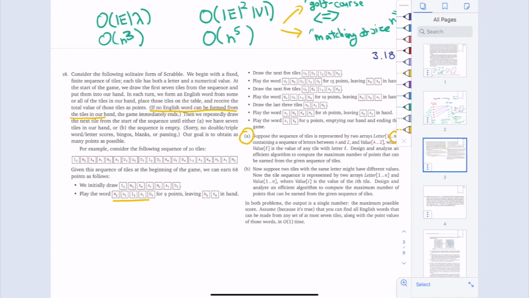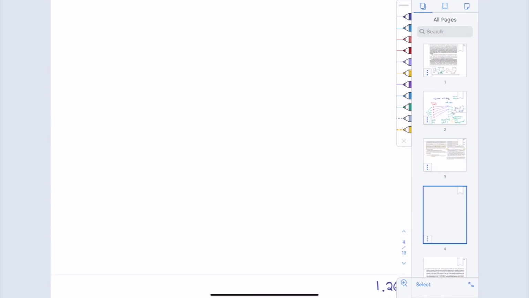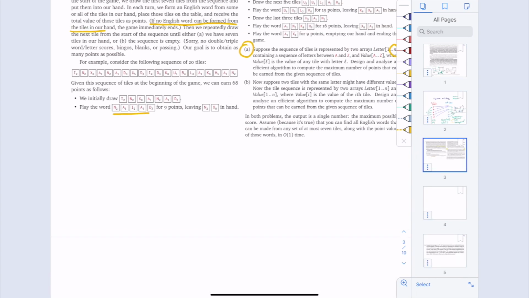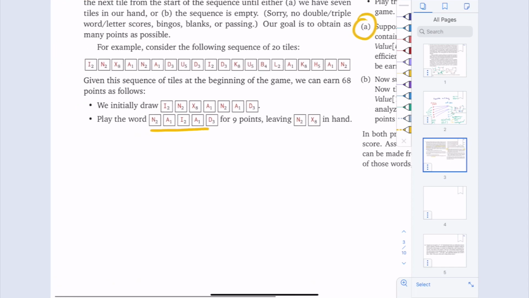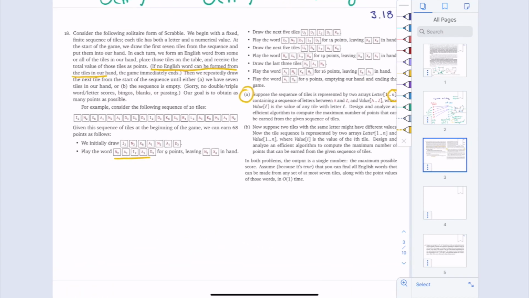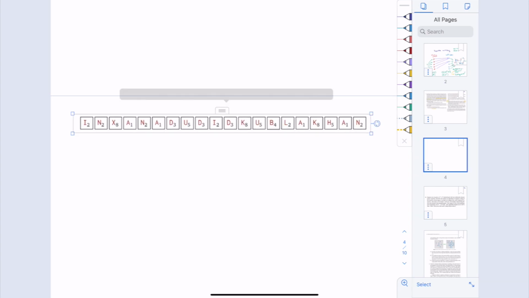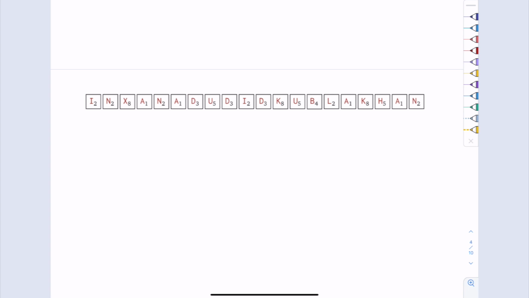Let me make a page. Let me copy a picture of tiles.